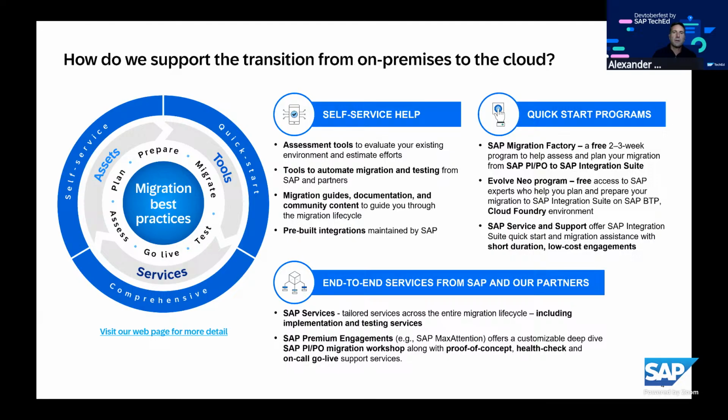And another tool is a migration tool, right? This is directly built into the designer of cloud integration as part of the integration suite, where you would then run a wizard that guides you through the creation of artifacts in cloud integration based on your configuration in Process Orchestration.